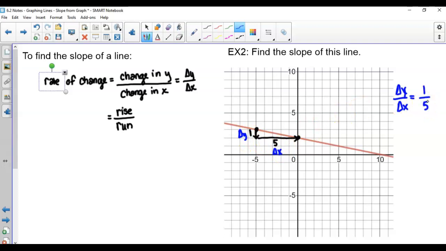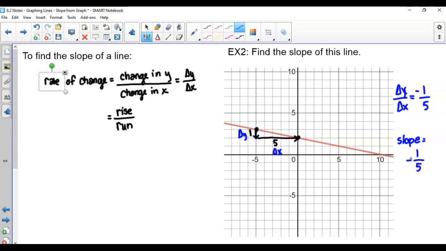Now, the slope of this line is not 1/5 because I told you at the beginning, if a line is decreasing from the left to the right, then you need to have a negative slope. So the answer for this right here, my slope, is going to be negative 1/5.